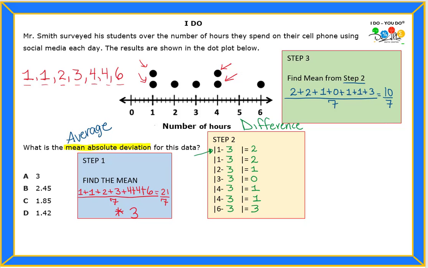So what is 10 divided by 7? It is going to be a decimal, right? So we have 1.42, and of course it has more numbers after the decimal, after that 42, but that's more than enough.